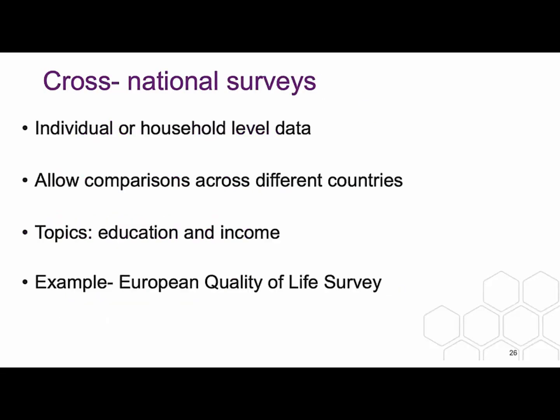There's another type of microdata that I want to mention briefly, cross-national surveys. So these are individual or household level data, and because the studies use the same survey instrument and where possible the same methodology and fieldwork protocols, this allows comparisons to be made across many countries and nations.